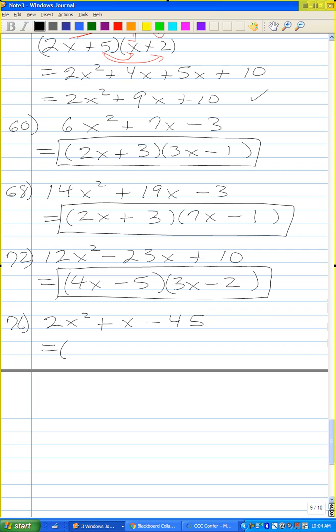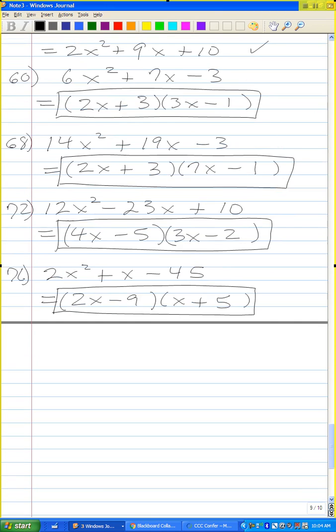And so 2x and x. I want to find two numbers that multiply out to negative 45, so negative 9 and plus 5. And now let's check the cross terms. 2x squared plus 10x minus 9x is plus x minus 45. So that works.